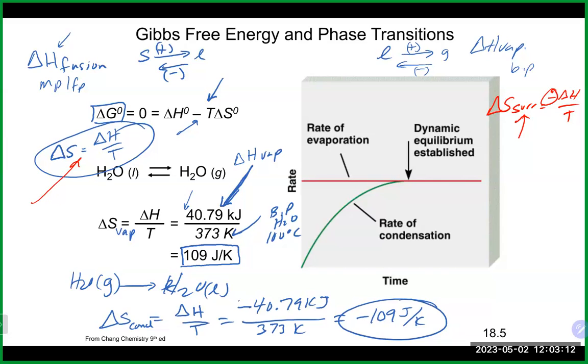And as they give off the energy, they no longer have enough energy to escape each other as they're flying around. So they kind of clump and drop into the liquid phase. So that process of going from gas back to liquid is an exothermic process, which is why the delta H would be negative in this case. And it would be a positive value going from liquid to gas because it actually has to absorb the energy in order to break away from each other in a liquid phase to start flying around in the gas phase.